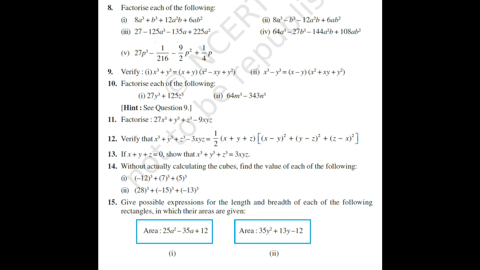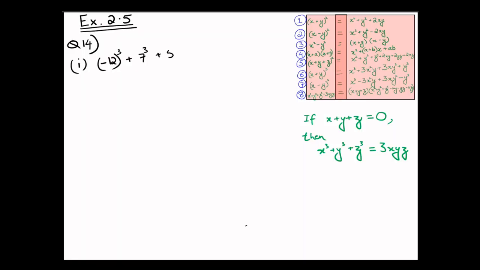The first part says minus 12 whole cube plus 7 cube plus 5 cube. And I need to actually find this out without calculating the cubes, right? And over here, I'm going to draw parallels with what I just mentioned here.